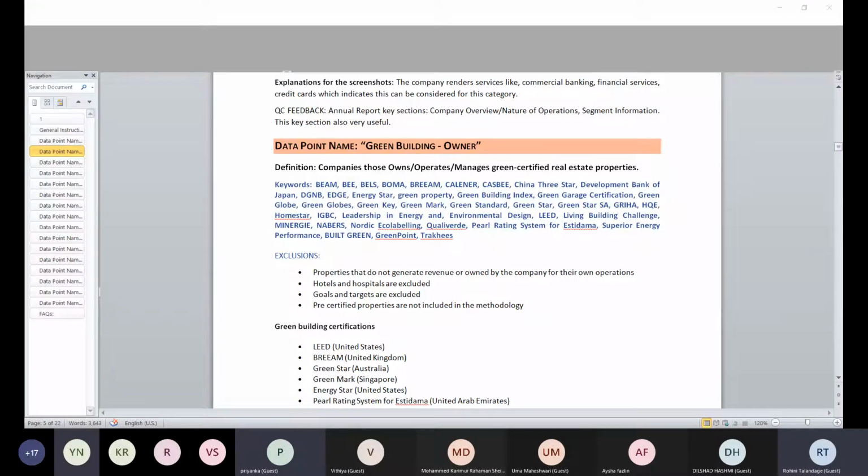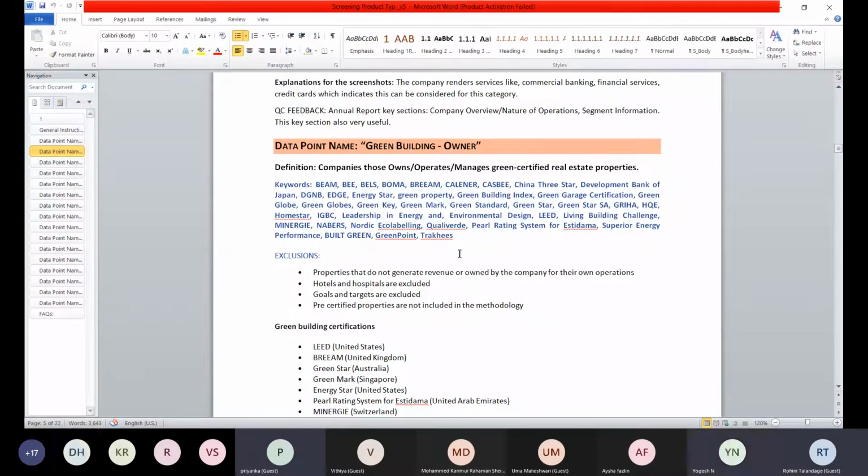Ma'am, it's a structure to develop a good environment. Yes, correct. Any company which designs or constructs a building or any property without harming the environment, that is called a green building.